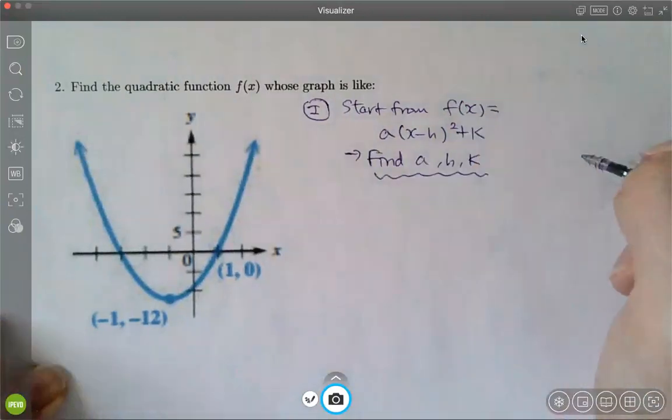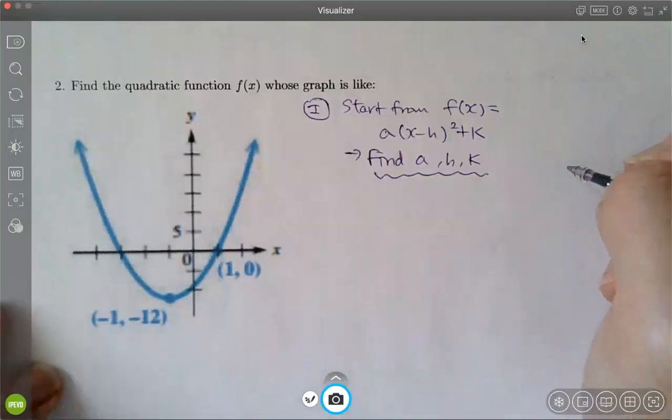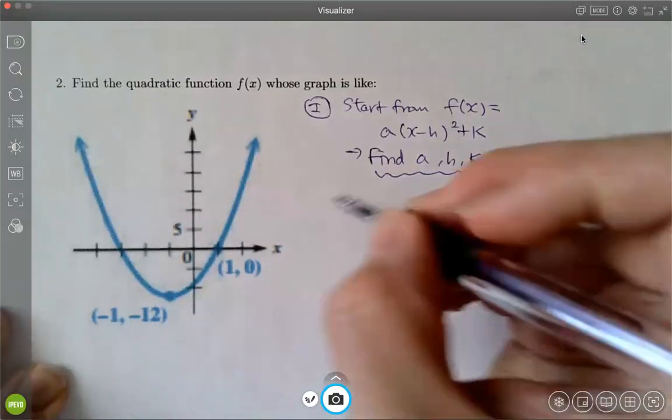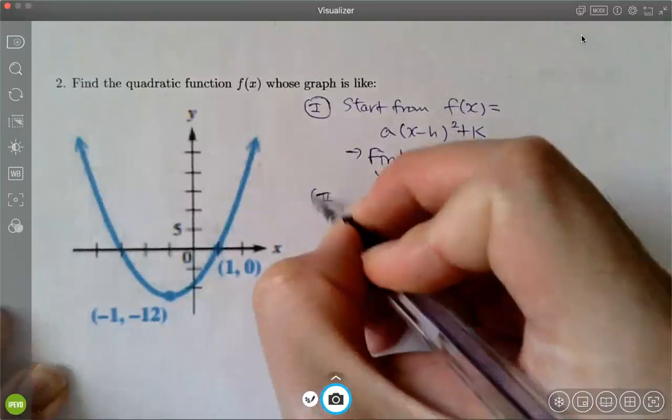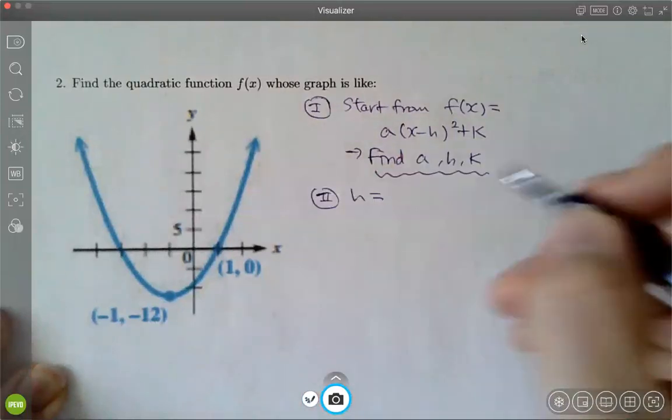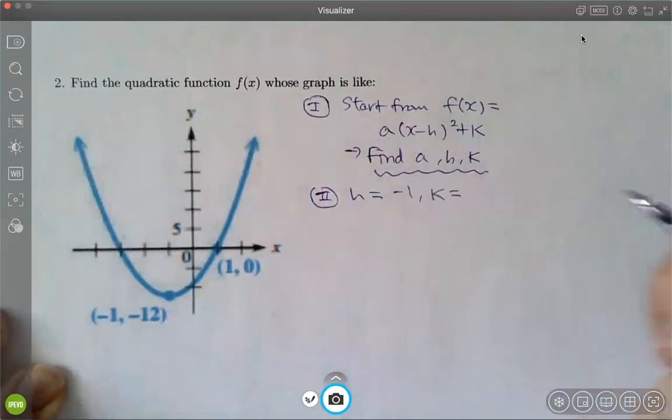Now, from this graph, can you find out what h is? What is h? -1. And what is k? -12. Do you see why? Because they are the vertex, or part of the vertex, okay?